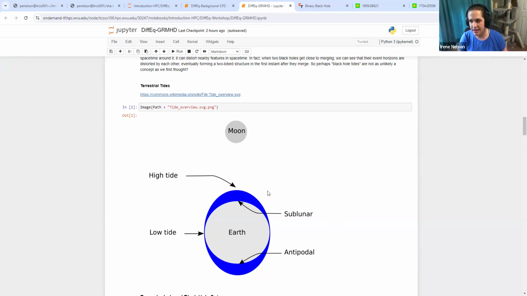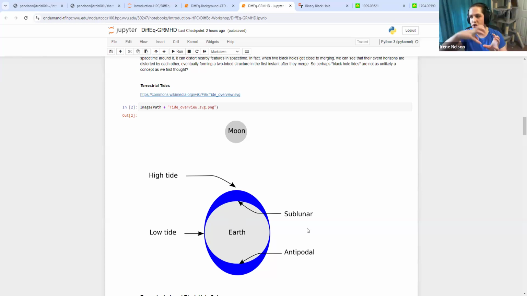So classically in gravity, the force due to gravity decreases as you get farther and farther from the object, in this case the moon, that is creating that pull. So the part of the ocean closest to the moon is pulled more strongly than the bulk of the Earth, which is in turn pulled more strongly than the portion of the ocean farther away.